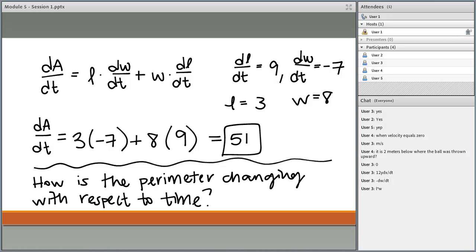How is the perimeter changing with respect to time? It said what is the rate of change of the perimeter, which is basically saying how is the perimeter changing with respect to time? So as the length and the width are changing, the perimeter is changing too.